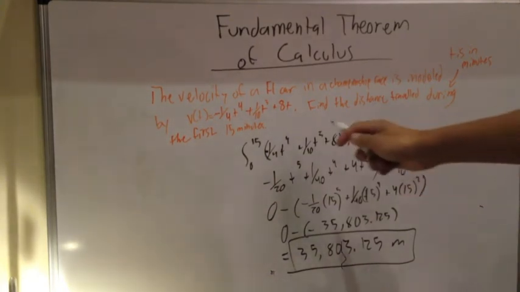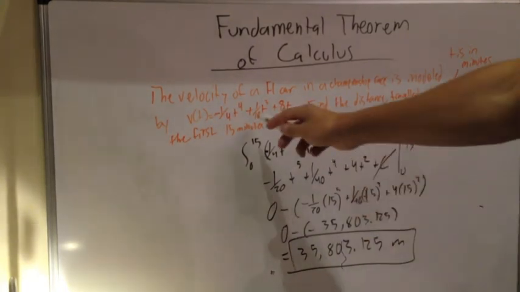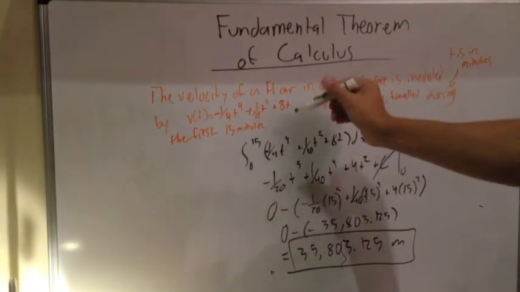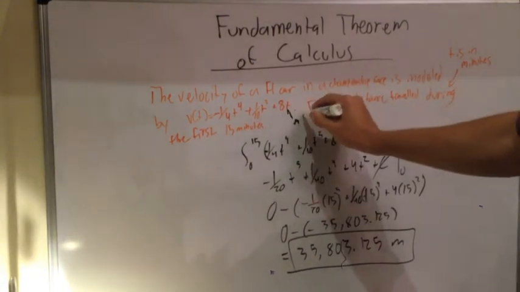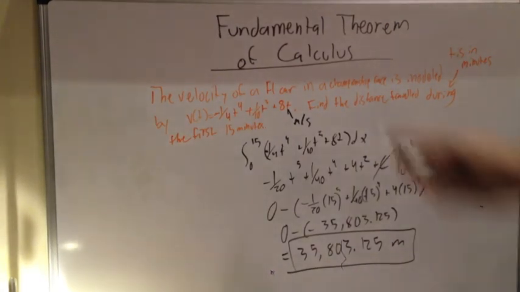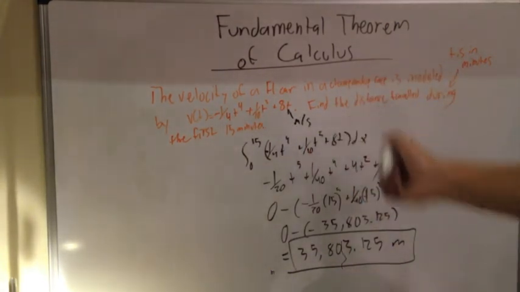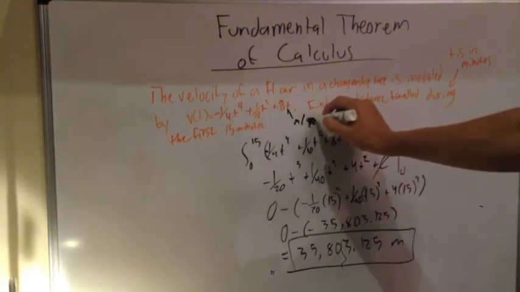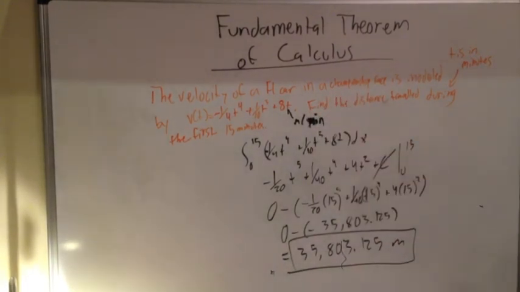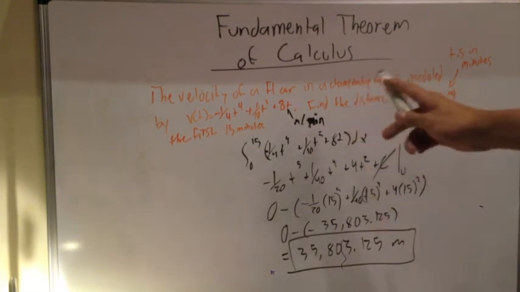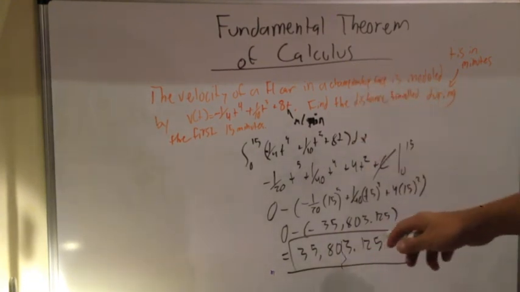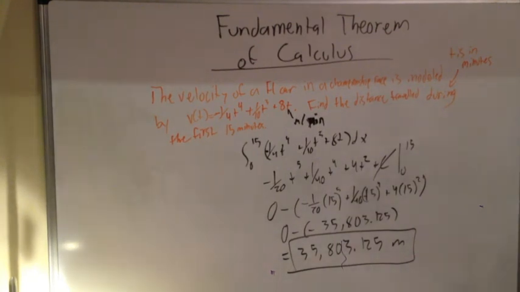I forgot to mention that this is in meters per second, so that would make this meters. If it were kilometers per minute, sorry. So yes, that would make this integral 35,803.125 meters.